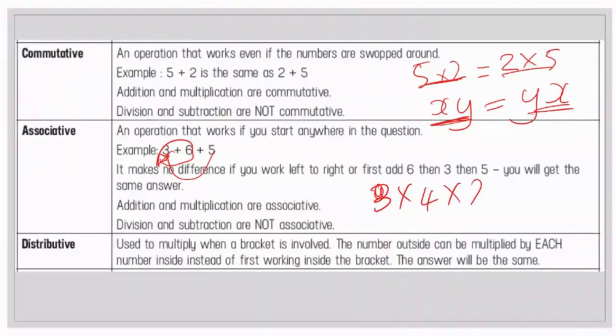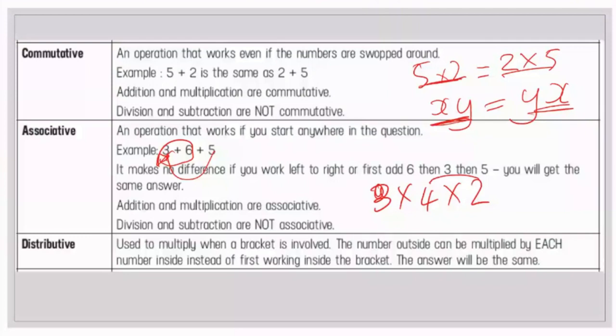You can start by 4 multiplied by 2 and then finish off with 3, or you can start multiplying 3 and 2 and then later with 4. You will still get the same answer. Problems start with division. You can't do that. So if division and subtraction are restrictive, they've got a problem with mathematics. So we need to always be careful about them.